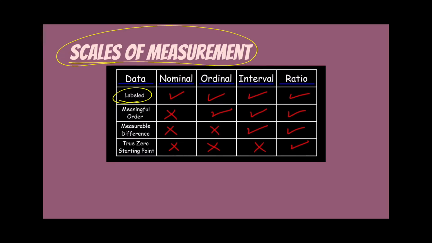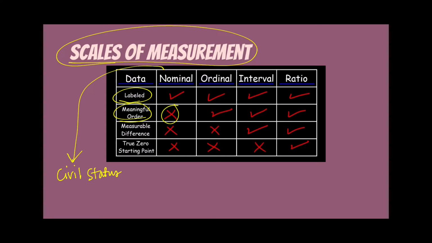Nominal variables are categorical variables that do not have a meaningful order. So what could be an example of a nominal variable? An example of a nominal variable would be civil status, because you have single, married, separated, and then widow. But there's really no order there.